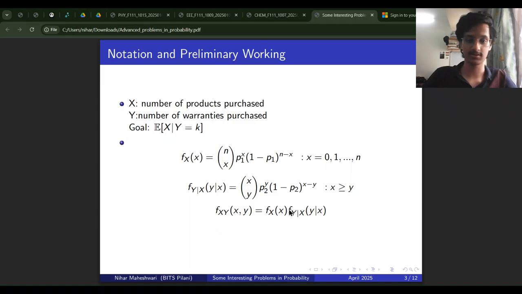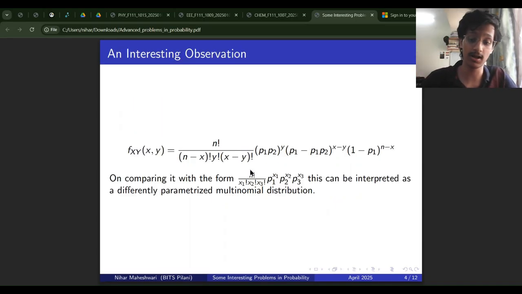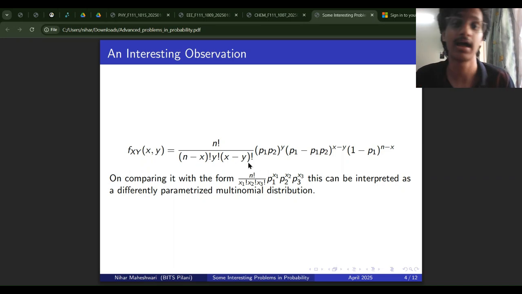You can probably write it out easily, multiply the two out. There's actually a very interesting interpretation, because when you multiply these two, you get n choose x and x choose y. So you can cancel out an x factorial, right? You do some rearrangement and you get this form: n factorial divided by (n minus x) factorial, y factorial, and (x minus y) factorial.